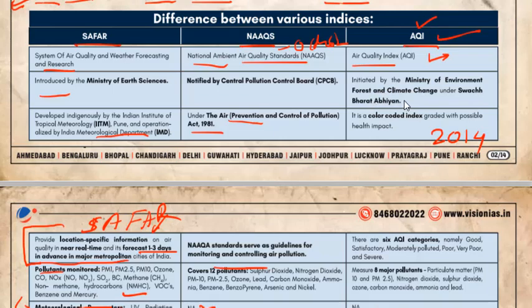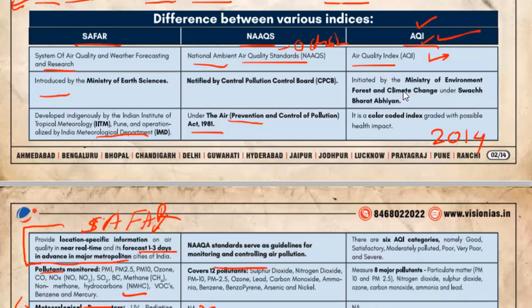It transforms the complex air quality data into a single number, and a nomenclature is also given, like good, satisfactory, moderately polluted. A color code is also given, so it is easy to understand for every type of people. Whether educated or not doesn't matter; the Air Quality Index can be understood because of its representation.